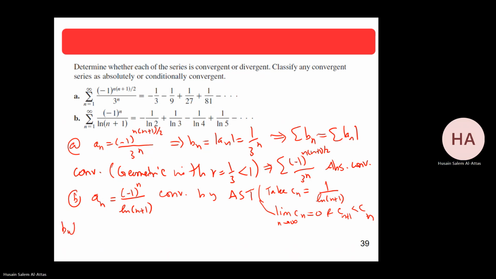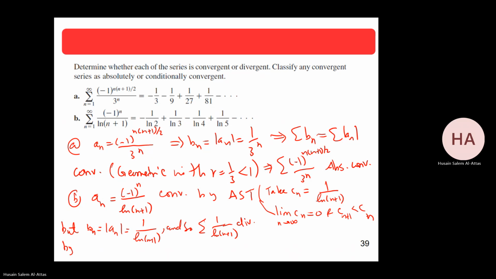But when we take Bn, which is the absolute value of An, that is 1 over ln of n plus 1, this series will diverge. Why?